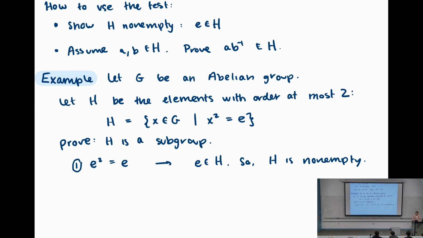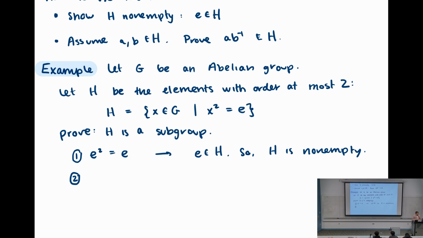Okay, and then step two of the one-step subgroup test. We're going to suppose A and B are in H, and then we want to show that AB inverse is also in H.